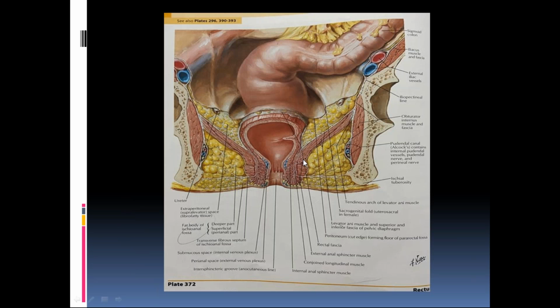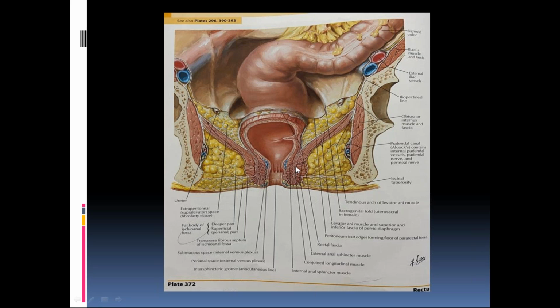The pus in the intersphincteric plane will go where there is least resistance, that is, into the dependent part. It will trickle down along the septa and get accumulated in the perianal space, and form a perianal abscess.